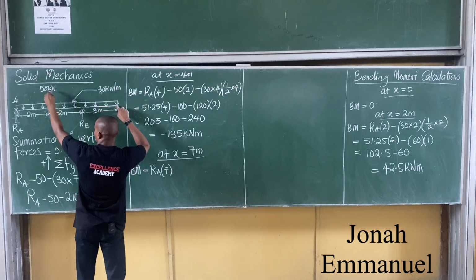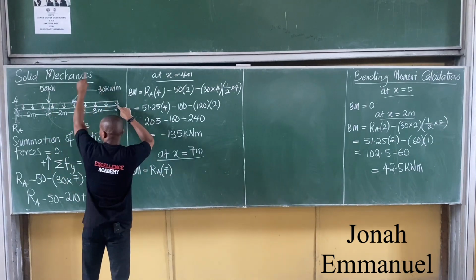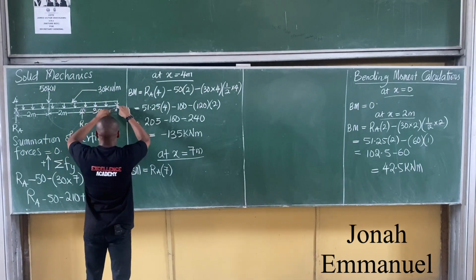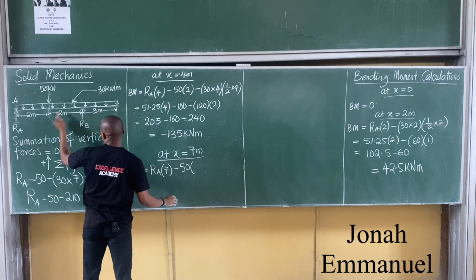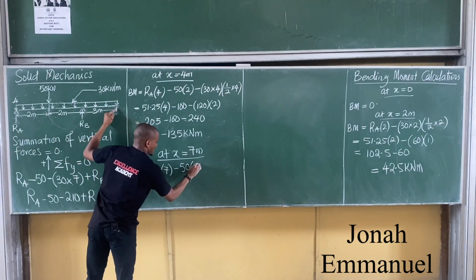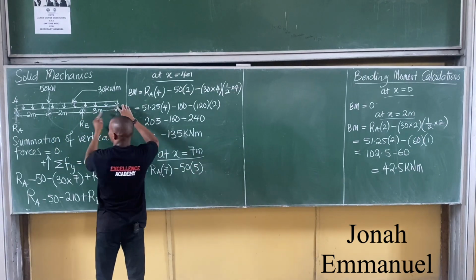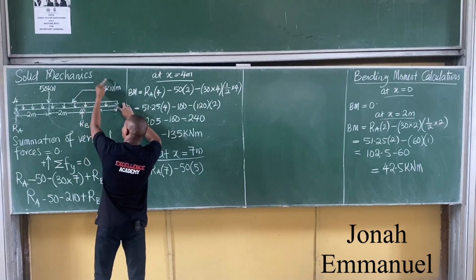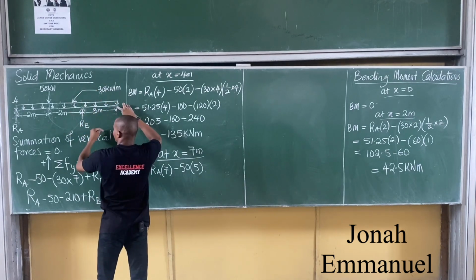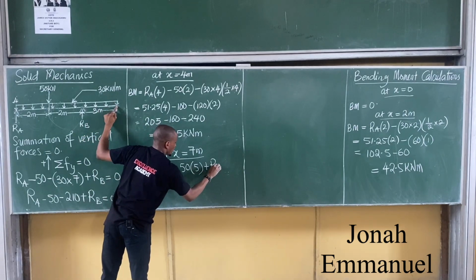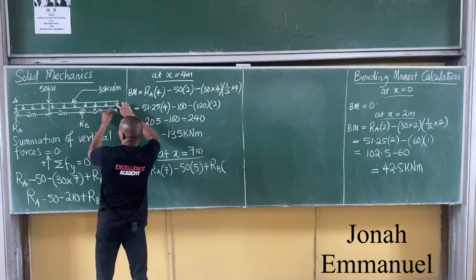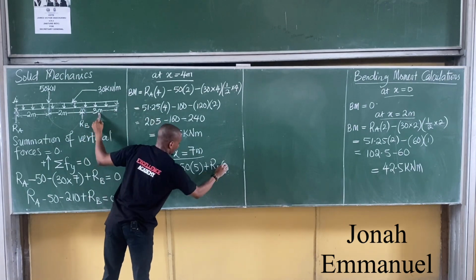Next, I have 50 coming downward, anti-clockwise, so minus 50 times the distance, that's 5. Next, RB going upwards is clockwise, so plus RB times its distance, that's 3.